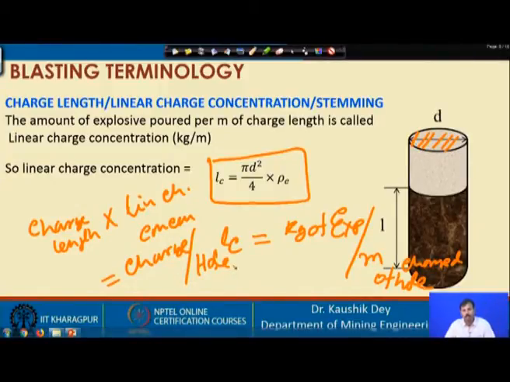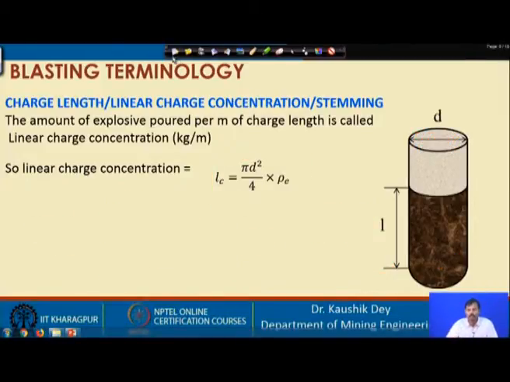So, the kg of charge placed per hole can be calculated by multiplying the linear charge concentration with the charge length. Similarly, linear charge concentration can be obtained if we know the total charge placed in a hole and the charge length. By dividing the total charge by the charge length, we get the linear charge concentration.